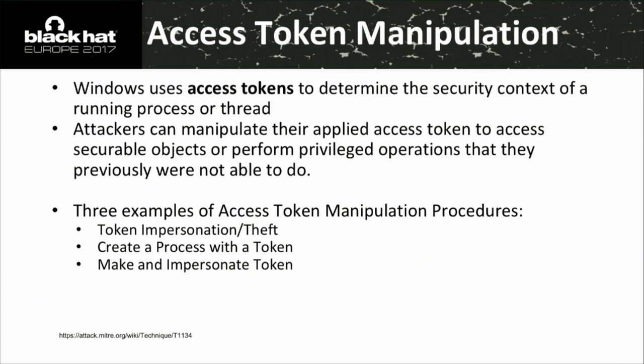So in this case, if I'm an admin user, but I want to do something on behalf of the system, or like the Windows root account, then I would be able to steal the system token and then assume that identity. And as we're going through, we have a lot of red teamers that work with us, and so we talk through some of the different token techniques or procedures that they're using, and we've broken them into three groups.